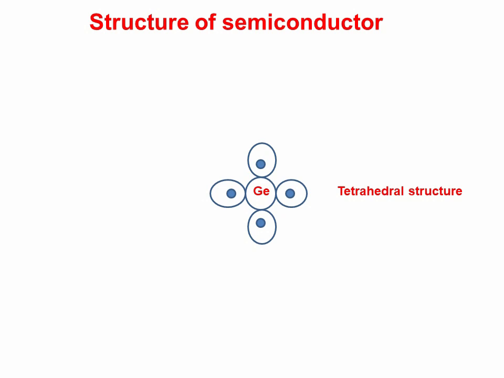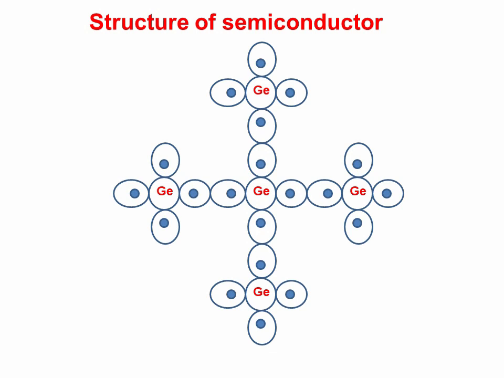When the atoms are close together, one electron of a germanium atom is associated with neighboring atoms. So, now they are sharing their electrons and they make a bond like that.